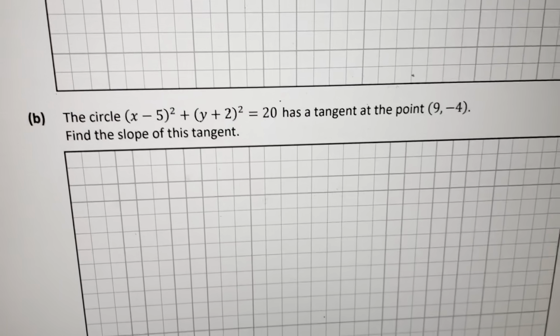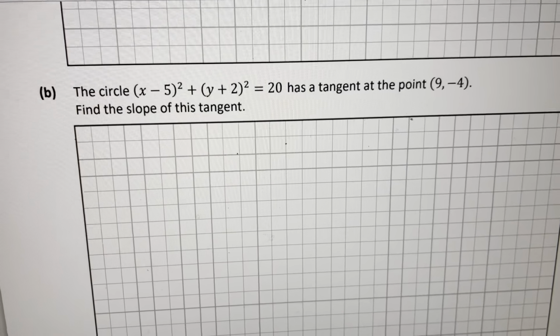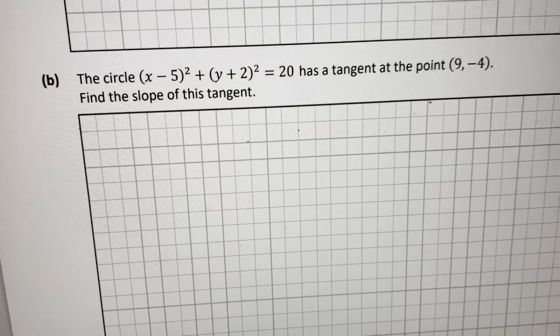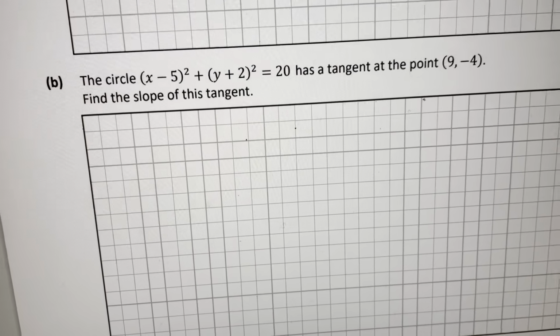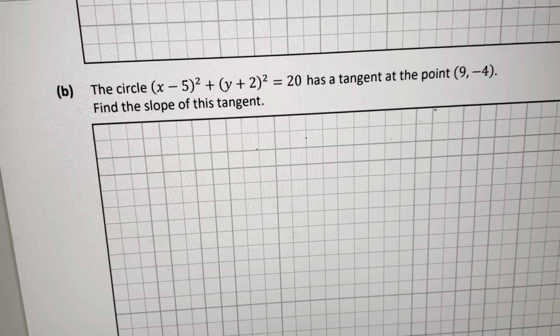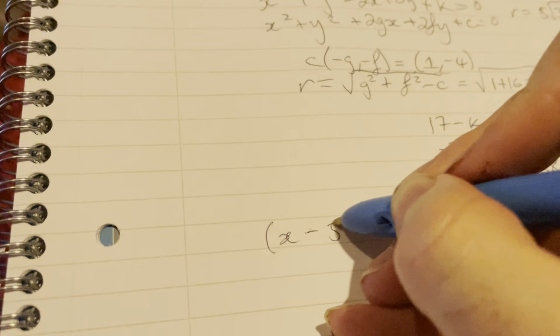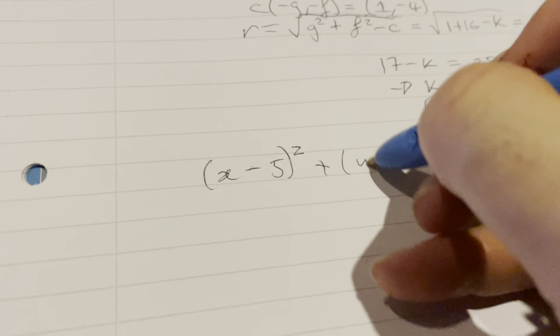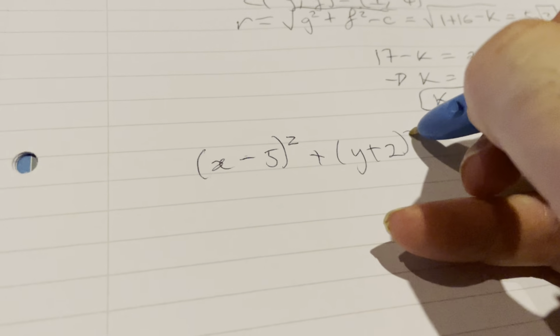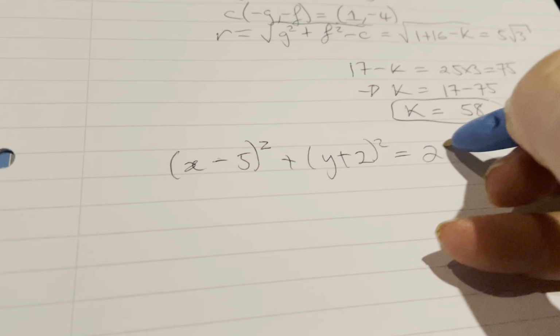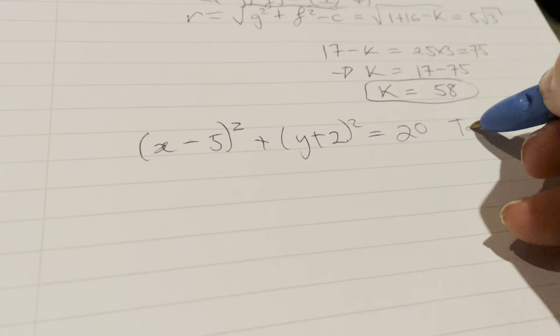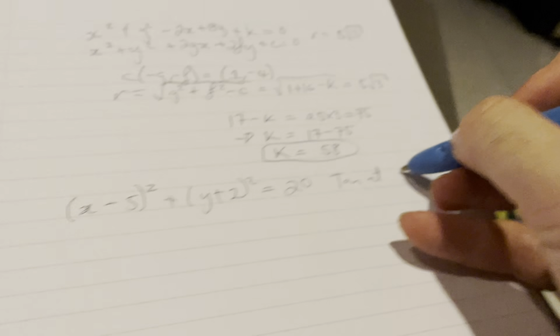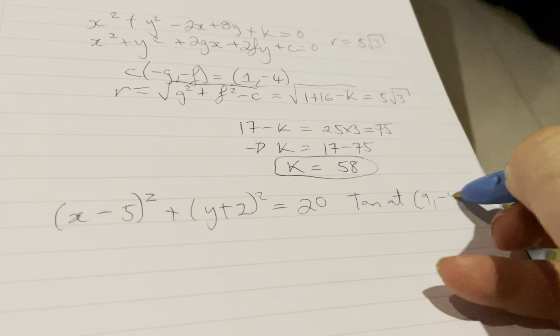A circle has a tangent at the point (9, minus 4). This is pretty okay as well by the looks of it. The circle is (x minus 5) squared plus (y plus 2) squared equals 20, and a tangent at (9, minus 4).